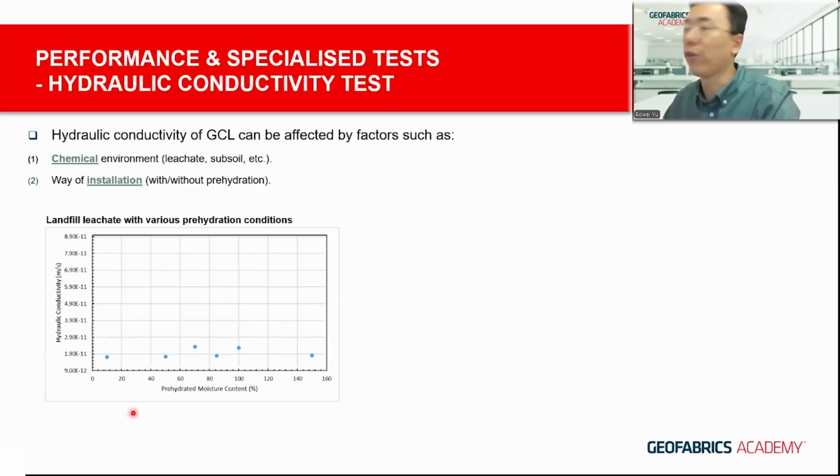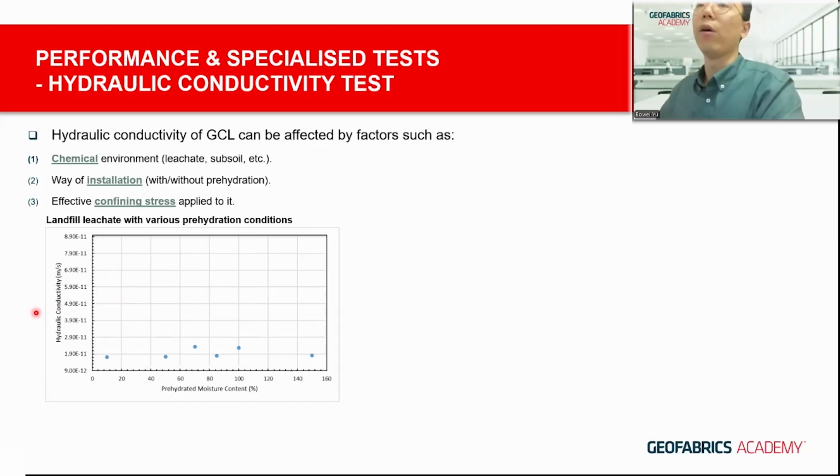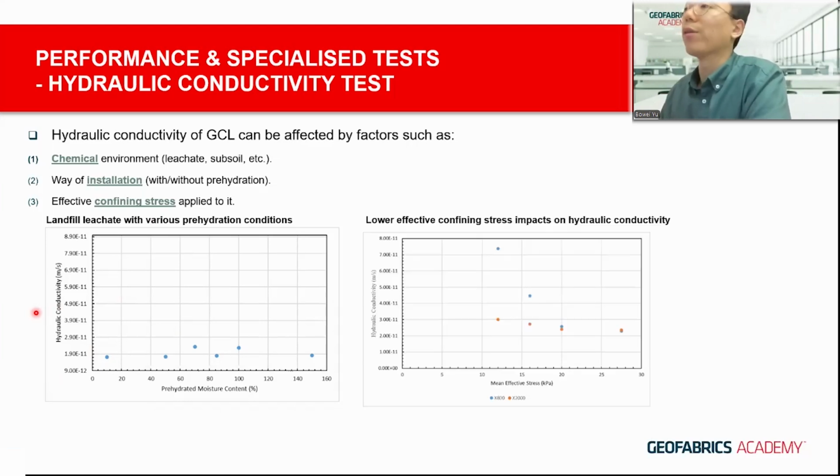But just to mention, these results may not be true in other cases when the leachate is different or the GCL product is different. Also, the effective confining stress applied on the GCL may affect that, which we also tested in the laboratory to validate.